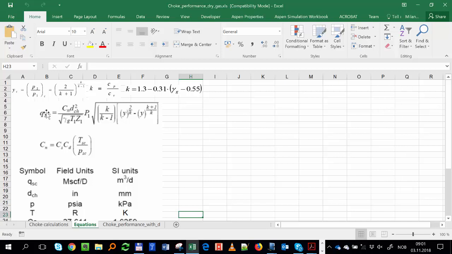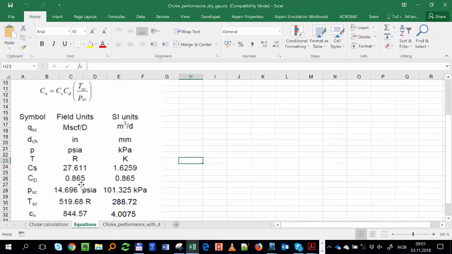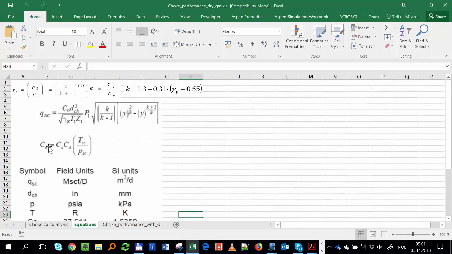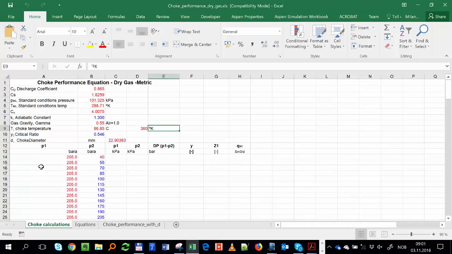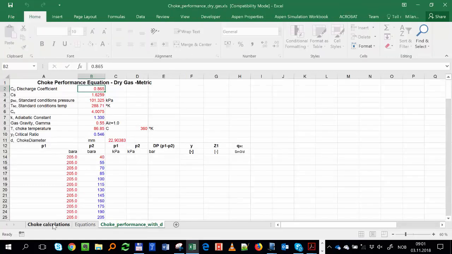You want this rate in standard cubic meters per day, so you have to include this 24 times 3600 someplace, and also pi and other constants are in here. So this Cn is a unit coefficient, and it also includes the CD. And the CD in that case, if you go to the first page, is 0.865. They define that coefficient for that type of choke.